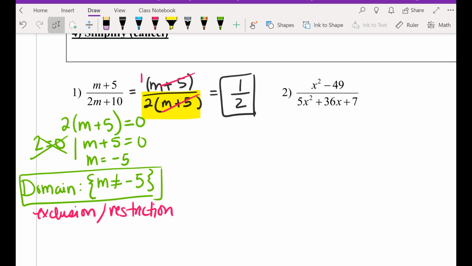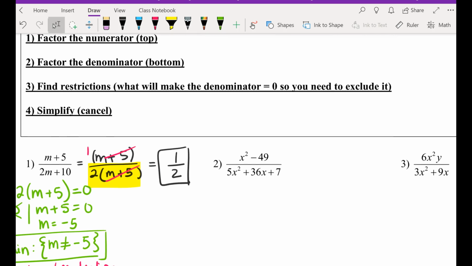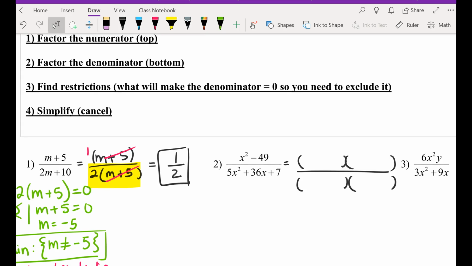Kids, you're going to have 2 factors on the top and 2 factors on the bottom. That's fine. Did you get it? Is finding the domain part of the answer? Yep, finding the domain is the same thing as stating the restrictions.